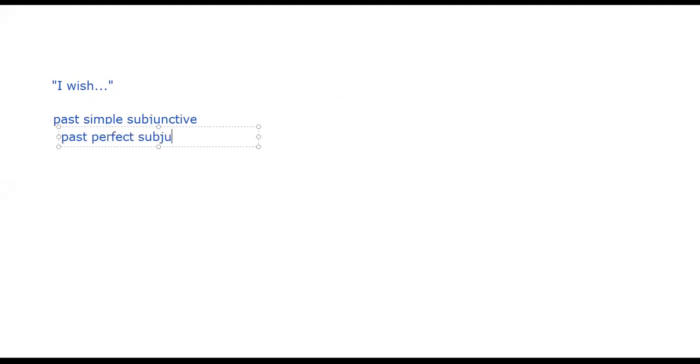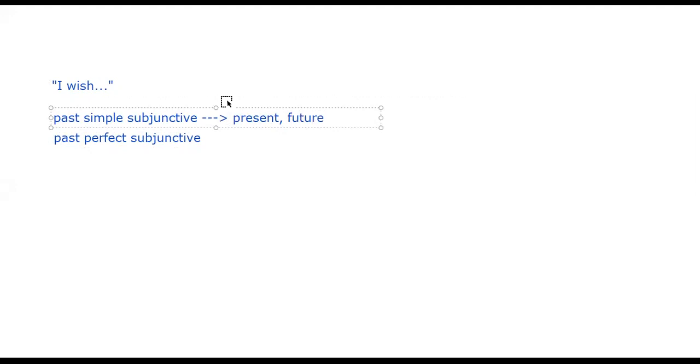But remember, one points to the past, the other points to the present or future. So you can technically use either after I wish, but they both point to very different time frames. So remember, this one points to the present or the future, and this one points to the past only.